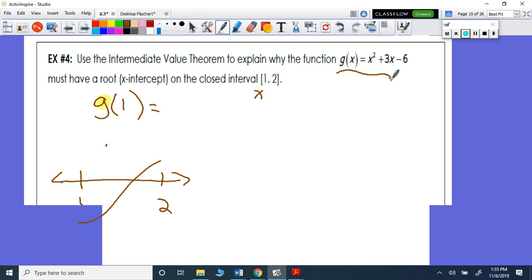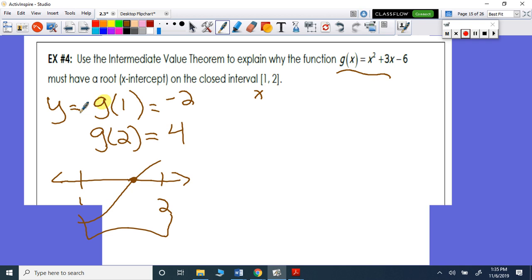If I plugged 1 into that guy, you do get a -2. If I plugged 2 into that guy, you get a 4. Is there a sign change there? Do I have one y that's negative and one that's positive? Absolutely. So that means that you're going to have an x-intercept between those values. Because remember, that fella equals y.